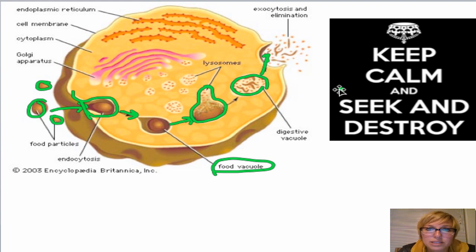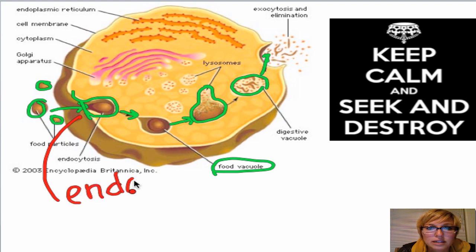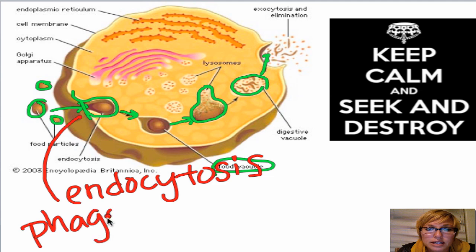And we have some words that we use to describe this. When the cell is folding in on this side, we call it endocytosis. And specifically, when it's folding in a large molecule, we call it phagocytosis.